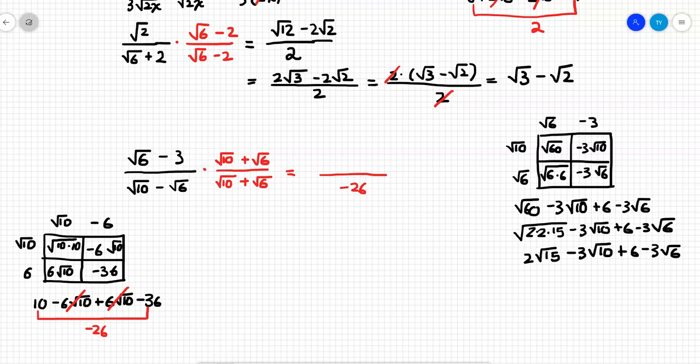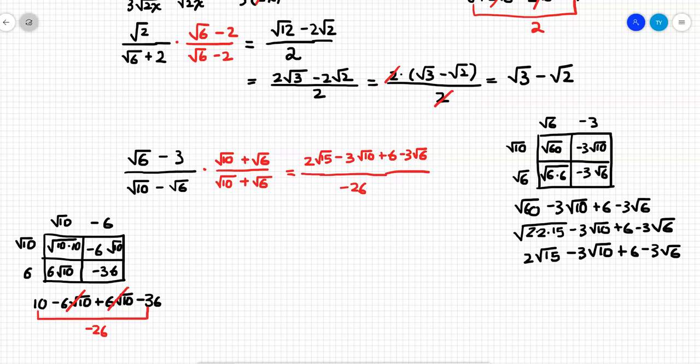It is not unusual that you will get something like this. So you get 2 square root of 15 minus 3 square root of 10 plus 6 minus 3 square root of 6. That's going to be our answer here.